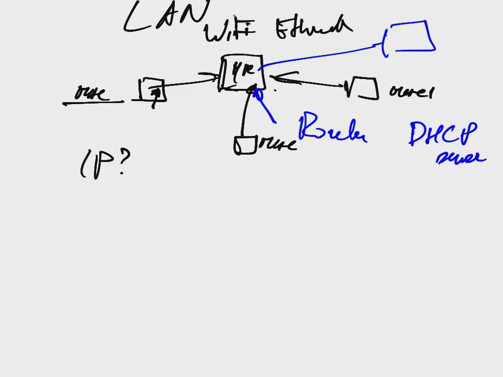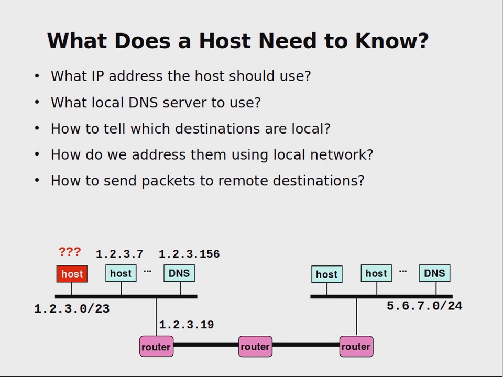Usually if you get a Wi-Fi router from some telecom or other kind of router, this feature is built in, so they provide this service by which an IP address can be assigned to all the devices connected to this particular Ethernet segment or Ethernet network.